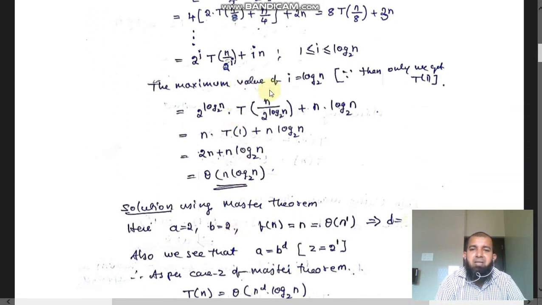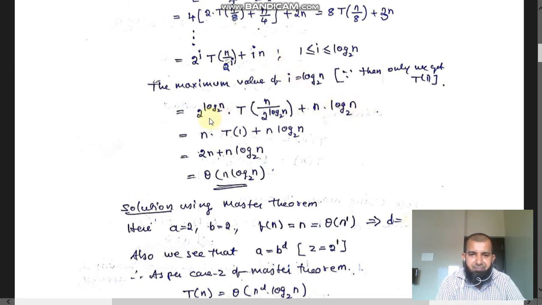The maximum value of i is log n base 2, because then only we get T of 1. So in place of i, write log n base 2: 2 to the power of log n base 2, T of n divided by 2 to the power of log n base 2, plus n into log n base 2.